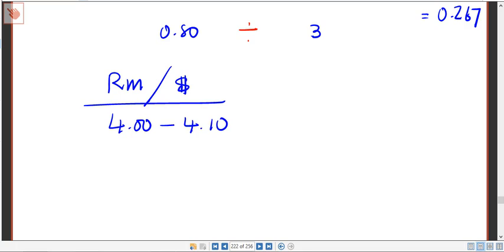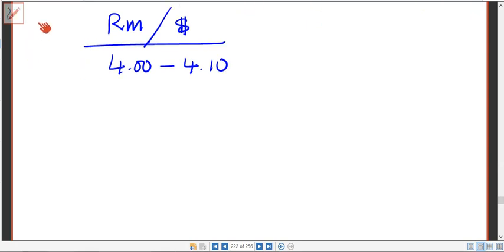Ringgit Malaysia to dollar. Okay, you know when to multiply, you know when to divide. We're not going into that in today's lesson. This is just to make sure you know how to cross the currency.